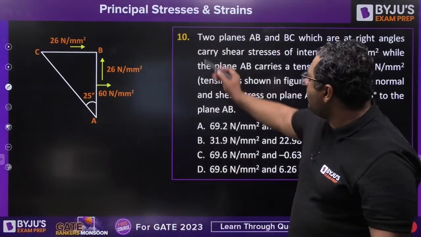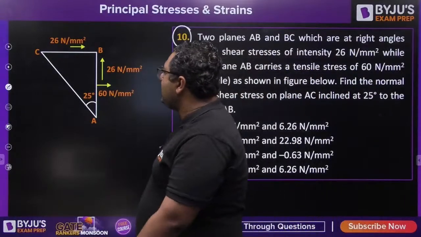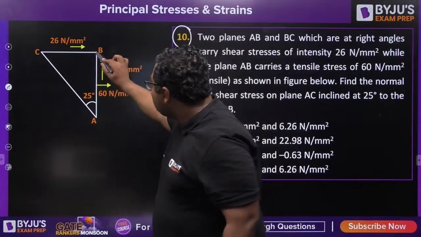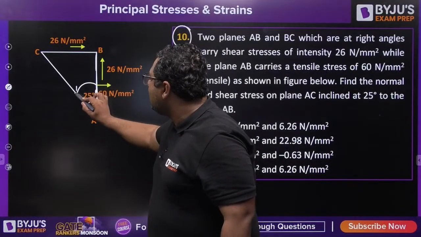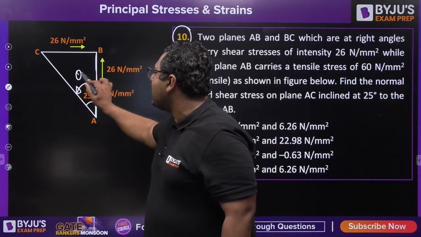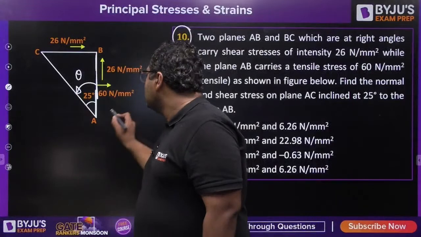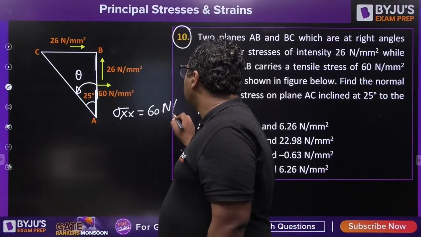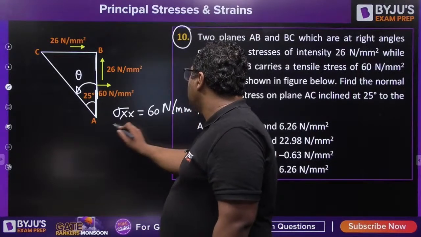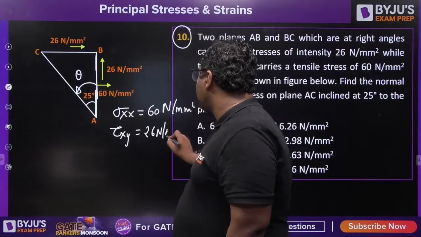Yes, guys, solve this question now. This is once again from principal stresses. You can see, my dear, the x face is given to us and the angle is given in anti-clockwise direction. Theta is 25 degree. If you see the loading, sigma xx is given as 60 Newton per mm square. Tau xy is given as 26 Newton per mm square.